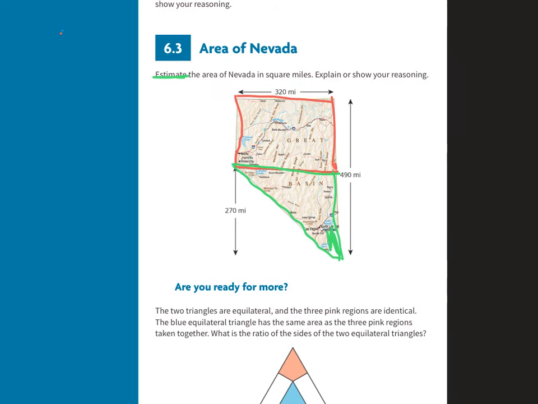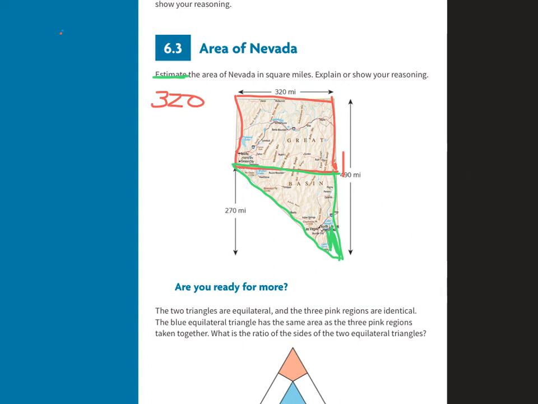So the red rectangle up top is 320. That's my width, or that's my base. My height is going to be 490, the whole thing, minus the 270 down at the bottom. So, no, I need to subtract 490 minus 270.